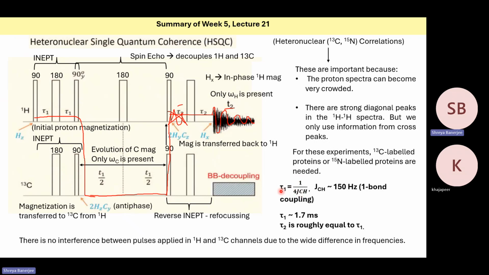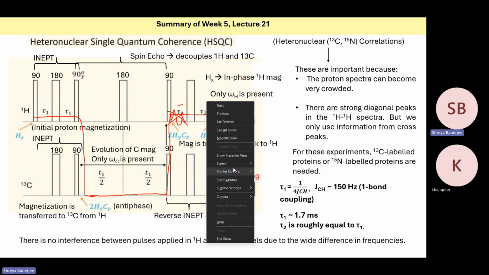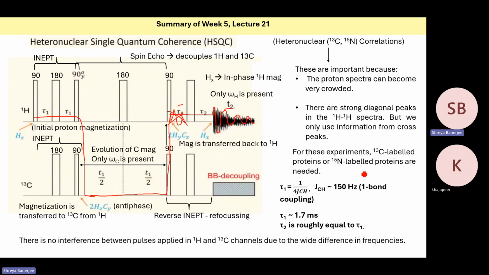Another thing we saw in the class where we studied INEPT is what should be the value of this tau 1. We saw that tau 1 value should be 1 by 4J. And what is the J here? The J is JCH. So suppose we have a CH bond. The J will be between the C and the H. So it is a one bond coupling.